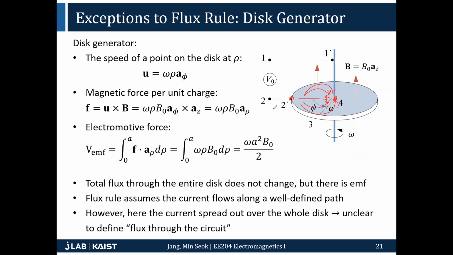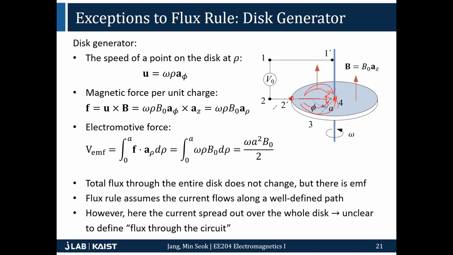So in this case, it is very difficult to determine what your circuit area is, right? It's difficult. So how would you solve this problem? Well, obviously you cannot solve it based on what you learned so far.